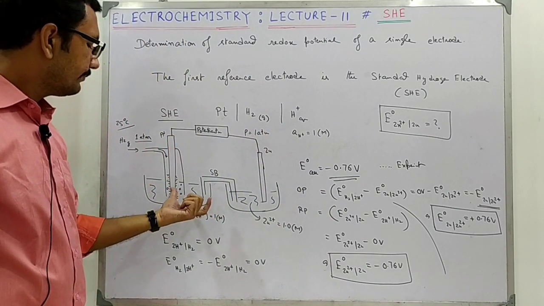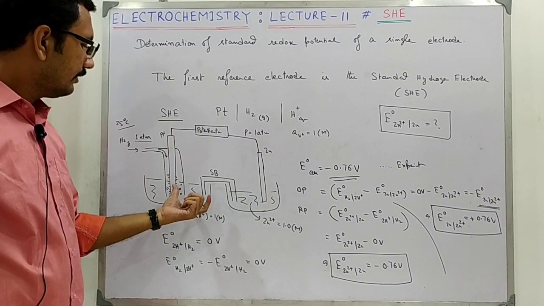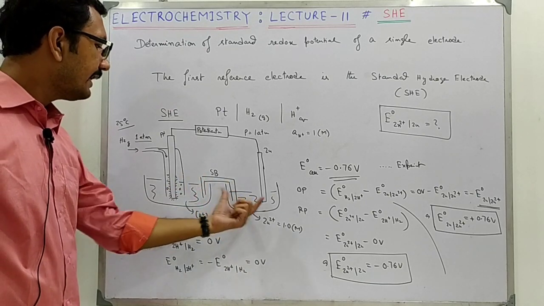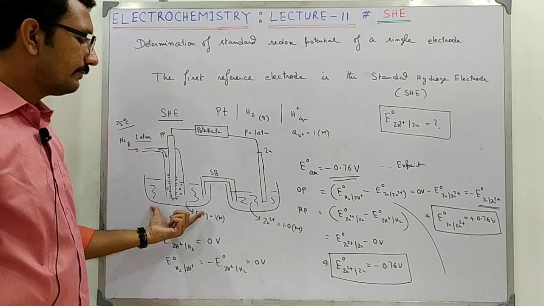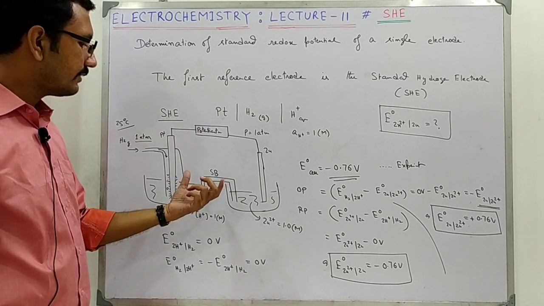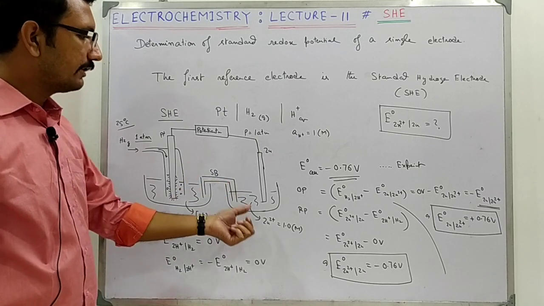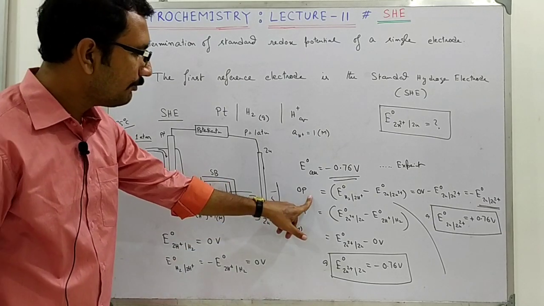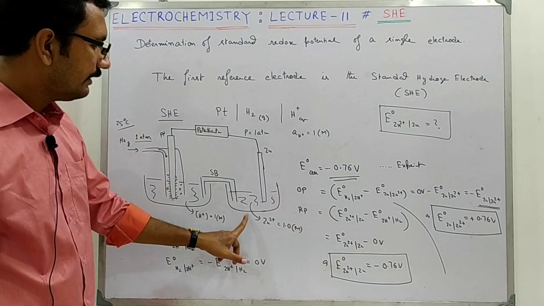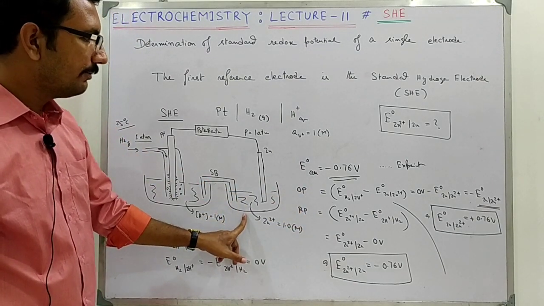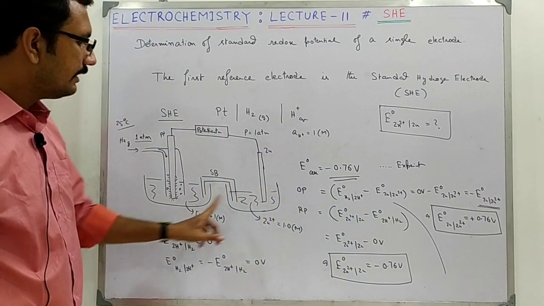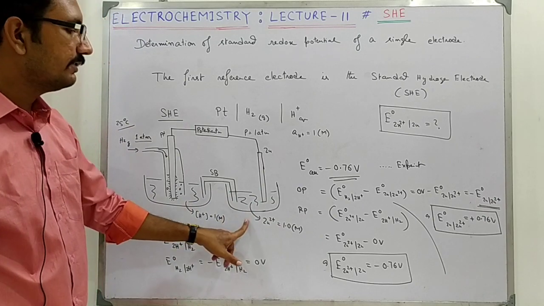Now, if you represent in oxidation potential, then you will subtract cathode from anode, and if you represent it in reduction potential, you will subtract anode from cathode. So, you see, in oxidation potential, this cathode is subtracted from this anode, Zn, and in reduction potential this anode is subtracted from this cathode.